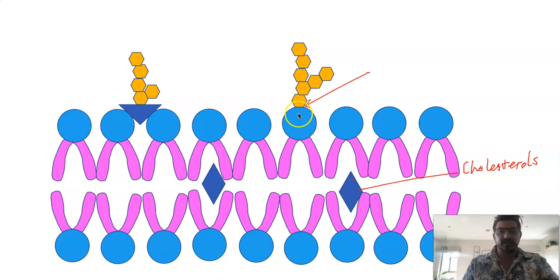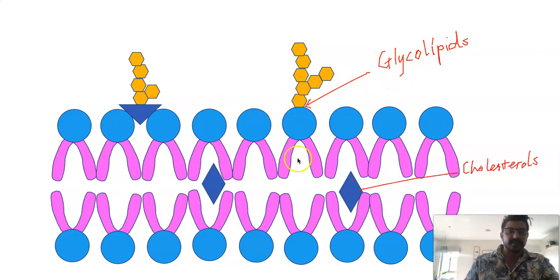So they're either attached to the phosphates or to the actual lipid tails, and then the phosphate head would not be there. Glycolipids, attaching to the lipid molecules, and then we have our glycoproteins.